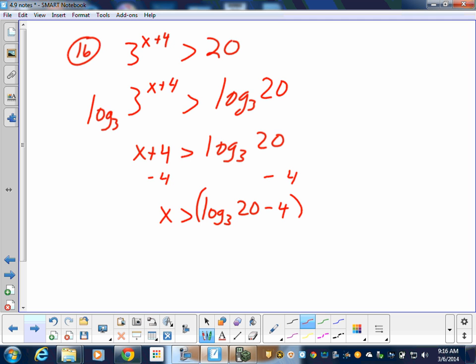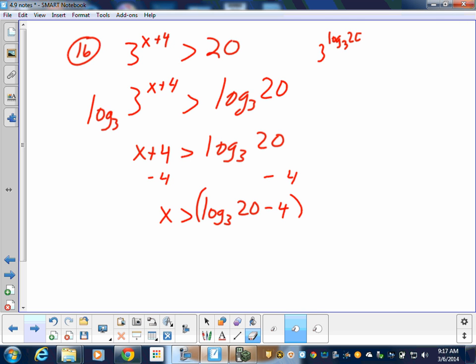Right now, we're going to figure out what this is. Log base 3 of 20 minus 4. But guys, watch this. If I come back up here and I put in that whole thing for x, that would be 3 to the log base 3 of 20 plus 4 minus 4.